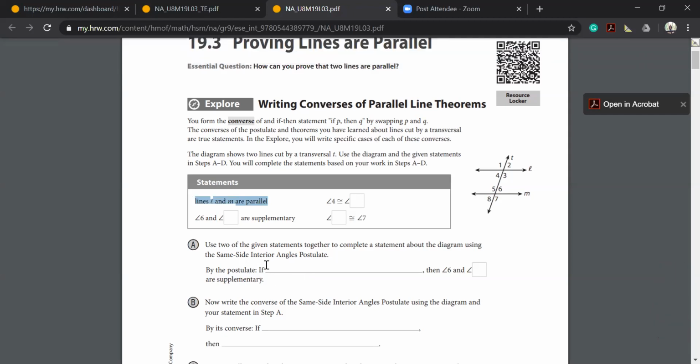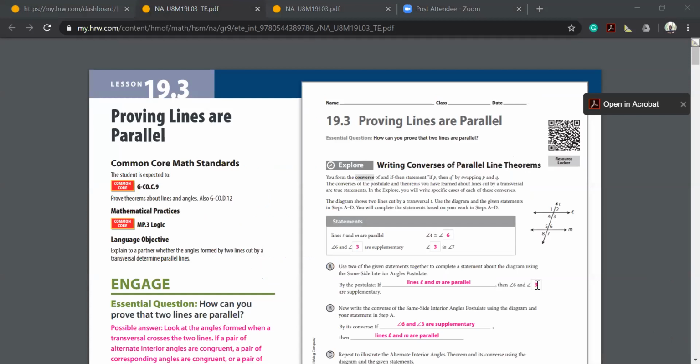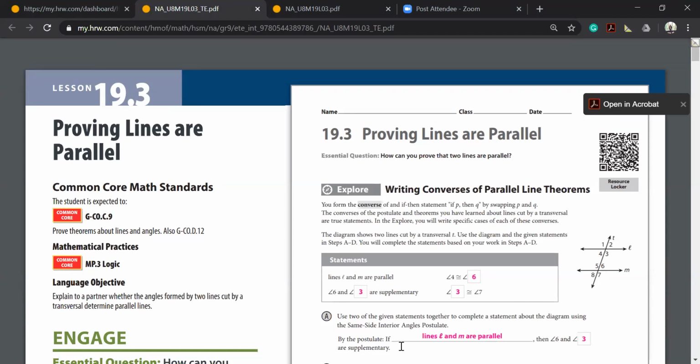So the first event that happened was that lines L and M are parallel, then angle 6 and angle 3 are supplementary. Why? Because they are same side interior angles. So this is what you are going to write in here: if lines L and M are parallel, then angle 6 and angle 3 are supplementary because they are same side interior angles. This is called, girls, the postulate.